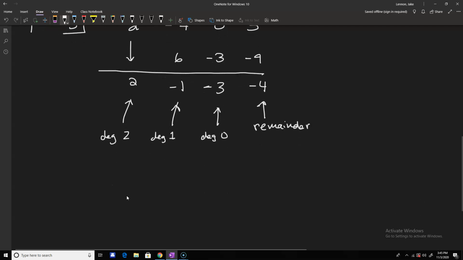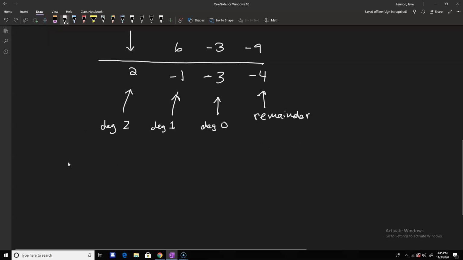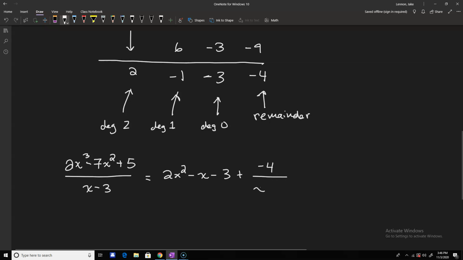So basically what that means is if you rewrite that division, it's telling us that if you do 2x cubed minus 7x squared plus 5 and you divide it by the x minus 3 as we did, the result is that you get 2x squared minus x minus 3, and then you have your remainder of minus 4 with your leftover x minus 3. So that's the fraction left over because x minus 3 could not go into the remainder of minus 4. So that is the division.